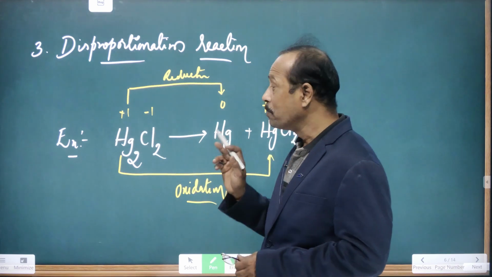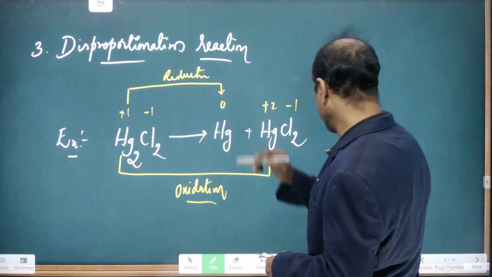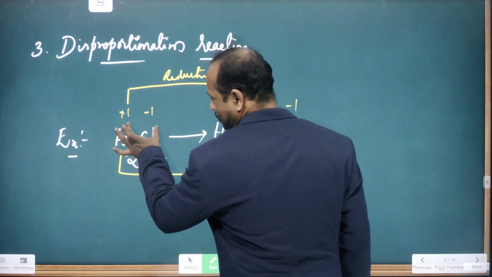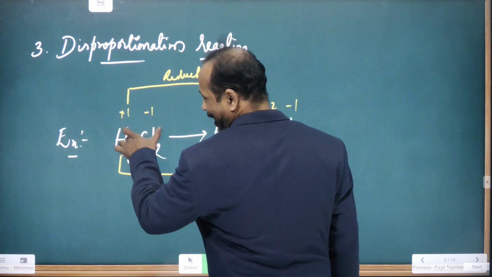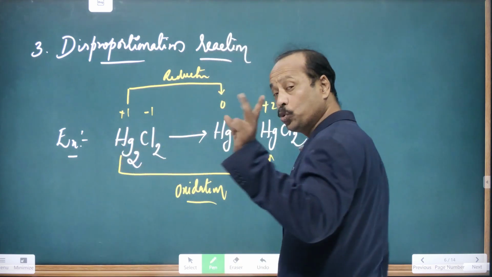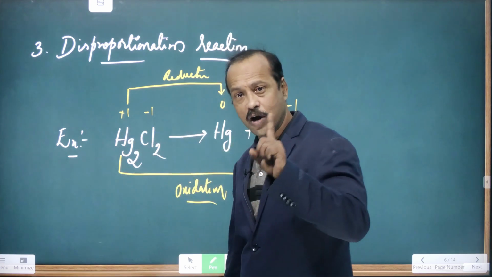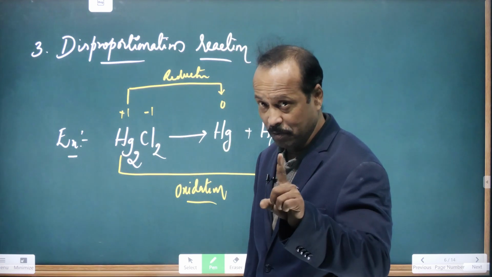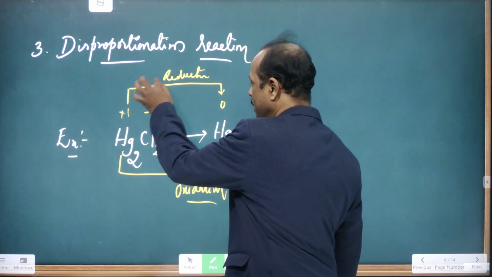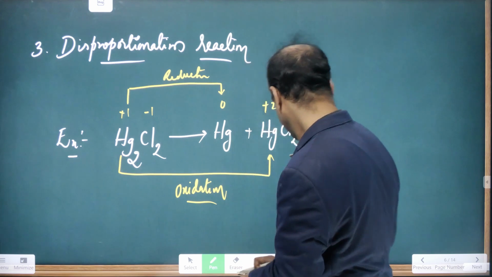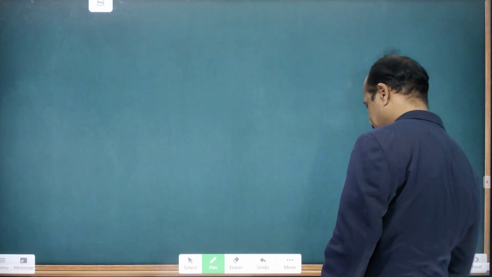Comproportionation is exactly opposite. Here there will be two reactants, and in the two reactants one common element will be there. This common element undergoes both oxidation and reduction. You didn't understand? Okay, let's see now.